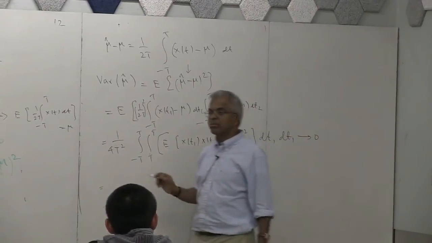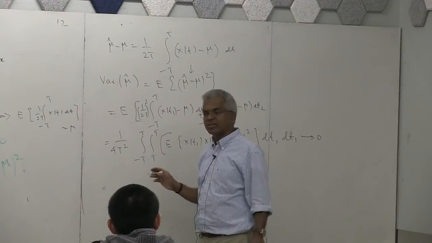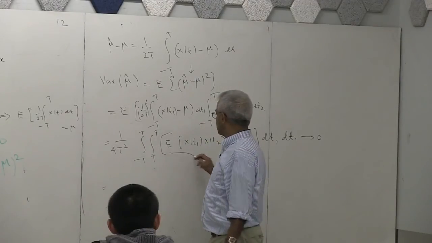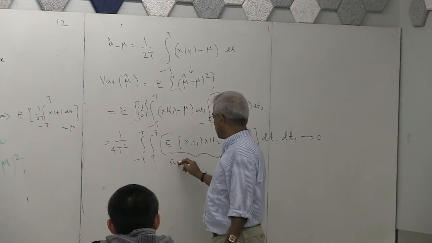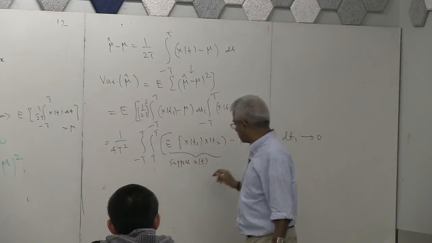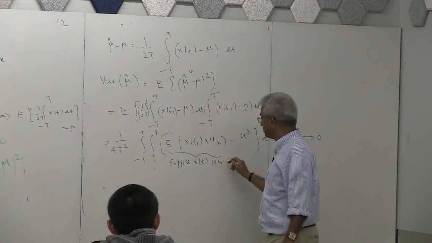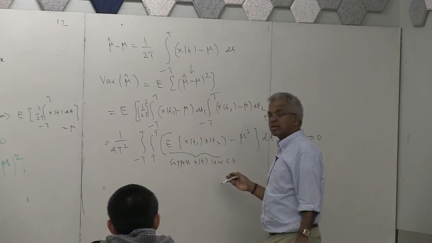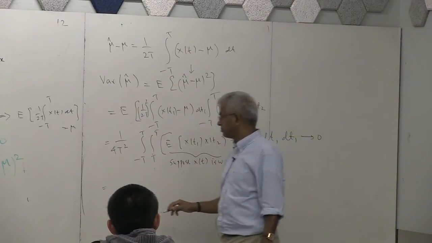Now suppose the process happens to be wide-sense stationary. What happens to this expression? Anybody? Rxx of t1 minus t2, right?